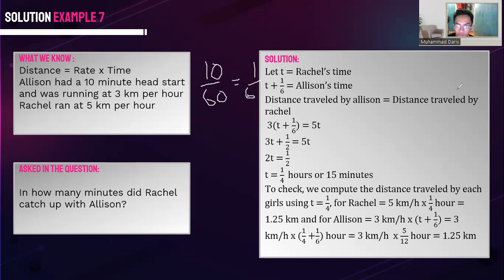And for Ellison, 3 kilometers per hour times (T plus 1/6) is equal to 3 kilometers per hour times (1/4 plus 1/6) hour, which is equal to 3 kilometers per hour times 5/12 hour, which is equal to 1.25 kilometers. And then we find the answer to how many minutes did Rachel catch up with Ellison: in 15 minutes. Okay.